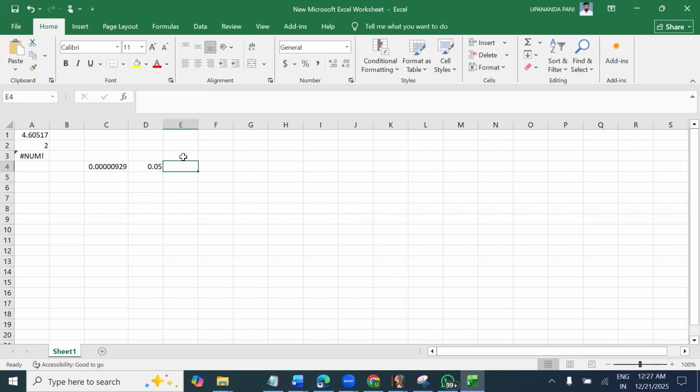I think the formula is somewhere wrong. But by looking at these values, what can you infer? This is 0.0000929 and this is 0.05. So clearly we can say the P value is less than 0.05.